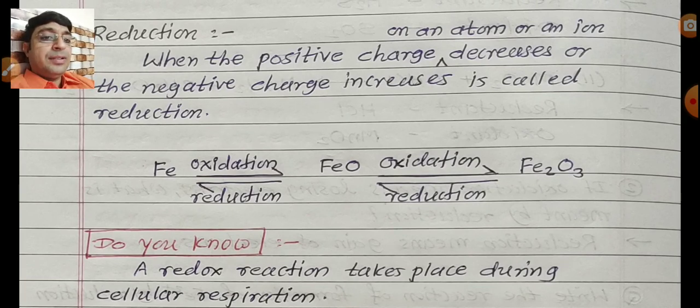Fe, that is iron, when oxidation occurs, addition of oxygen takes place, that is FeO. Again oxidation takes place, then again addition of oxygen takes place as per the valency, Fe2O3. So FeO means ferrous oxide is converted into Fe2O3 means ferric oxide. In the opposite manner, Fe2O3 is converted into FeO, so reduction takes place, loss of oxygen. Again FeO loses oxygen, then Fe is formed, that is reduction takes place.